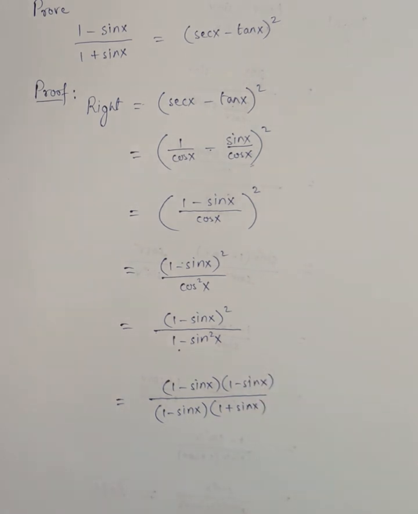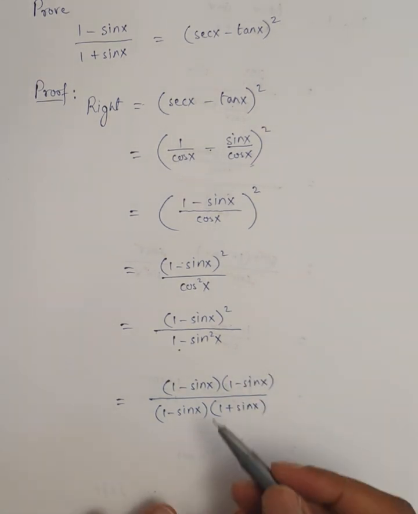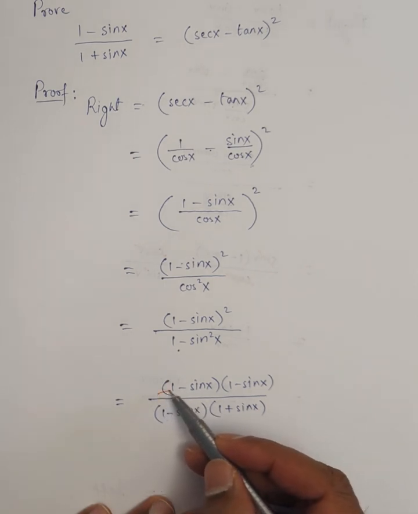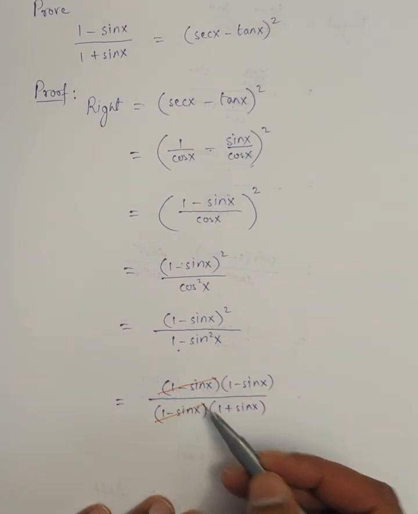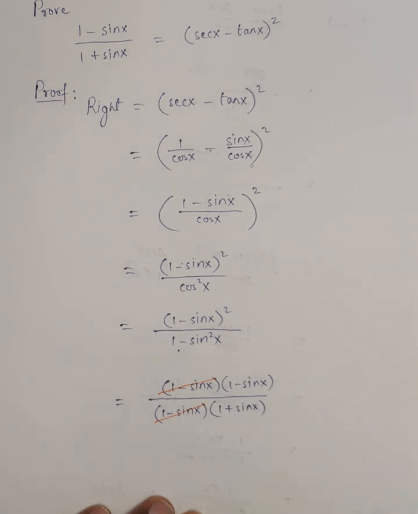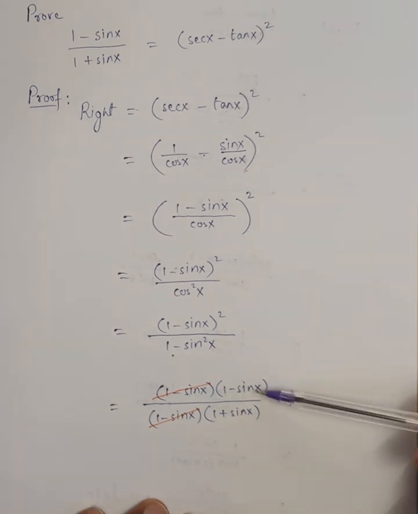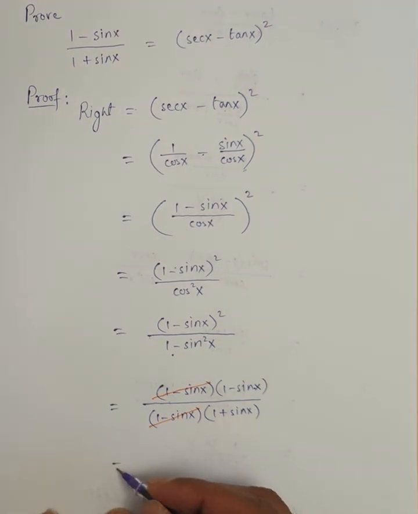So notice one of the copies of 1 minus sin x will go away with the denominator. And this is exactly what we needed, (1 - sin x)/(1 + sin x). So we proved this is equal to the left side.